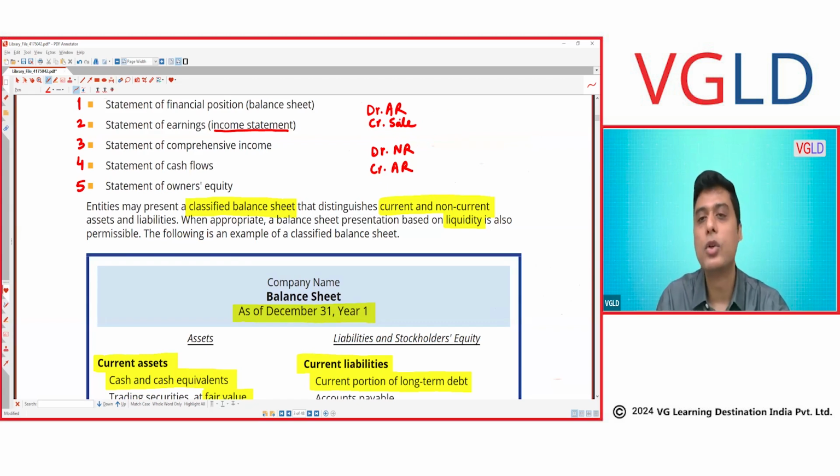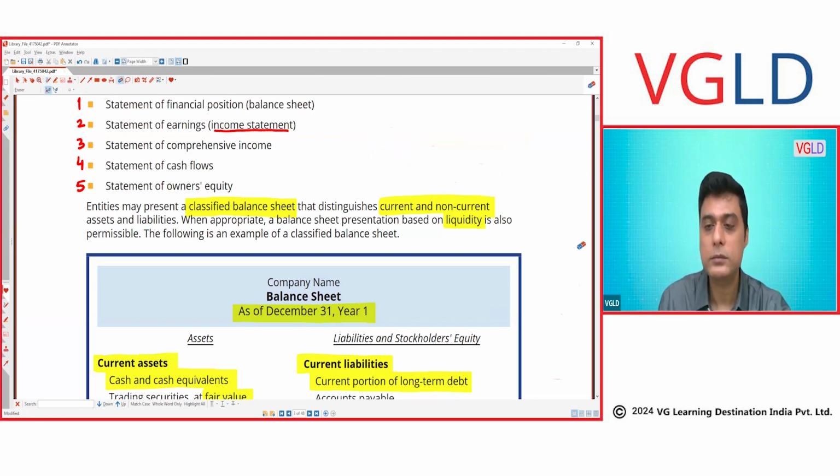So the first entry is debit AR, credit sale. When they give you a promissory note, it becomes debit NR, credit AR. And that is the basic difference.